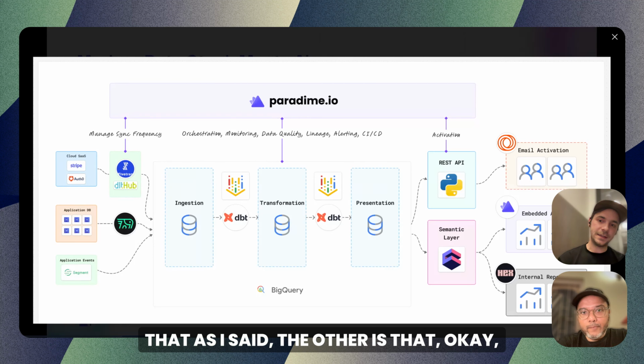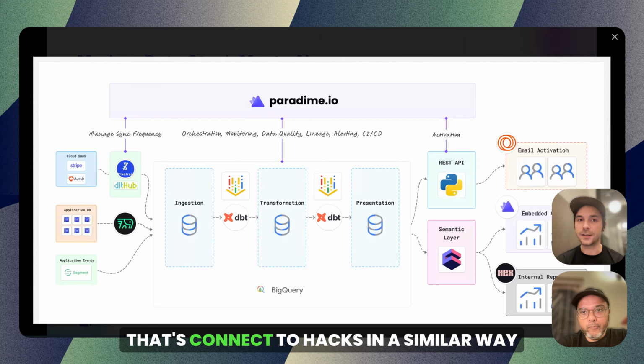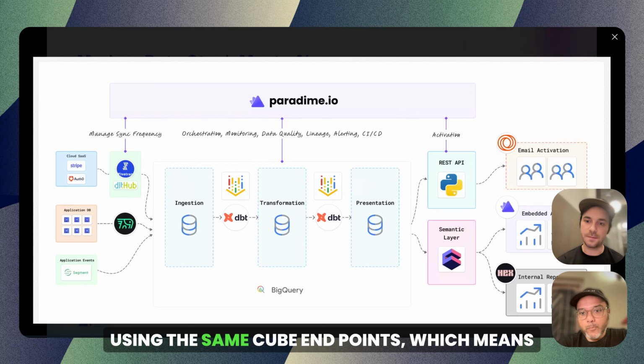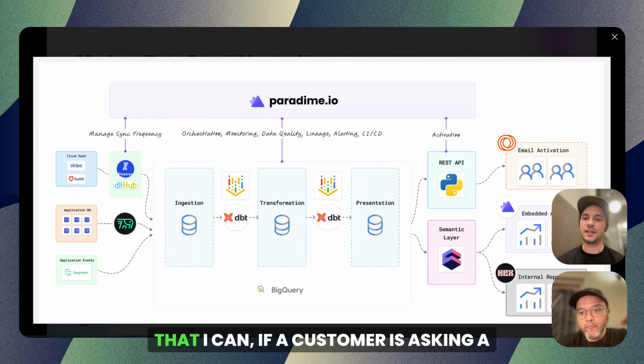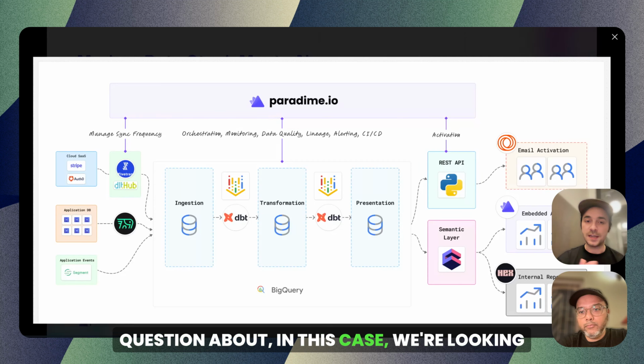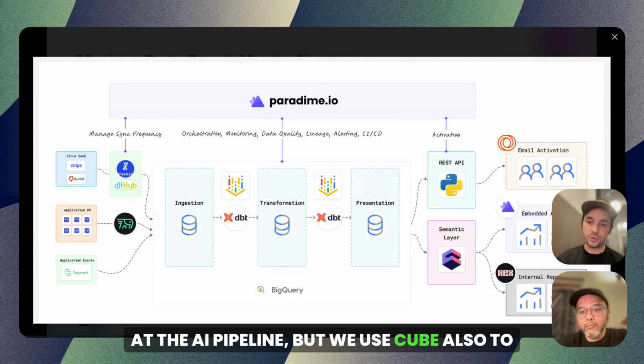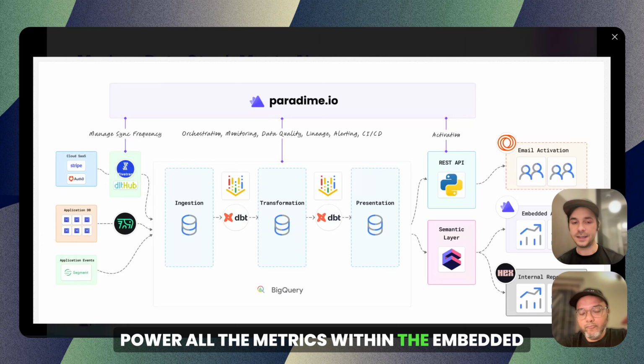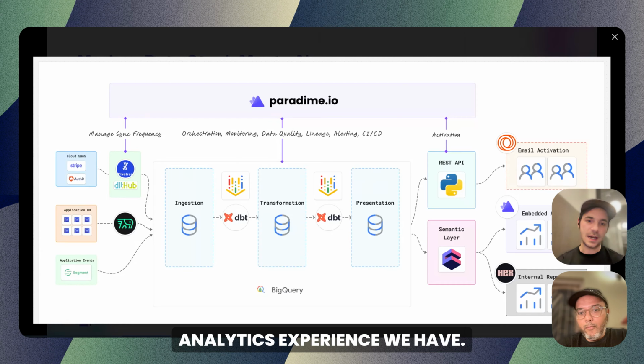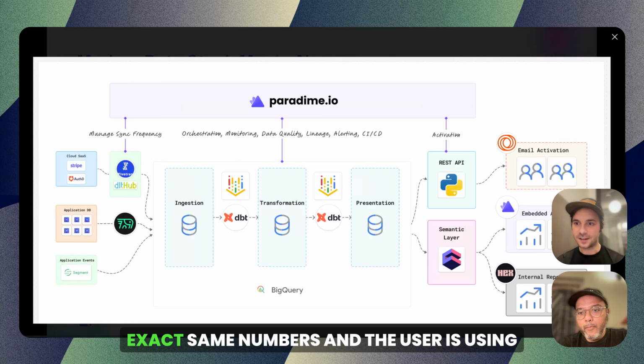Then, as I said, the add-on is that it does connect to Hex in a similar way using the same Cube endpoints. So if a customer is asking a question, in this case about AI pipeline, but we use Cube also to power other metrics within the embedded analytics experience, I'm able to look at the exact same numbers the user is seeing through Hex, right?